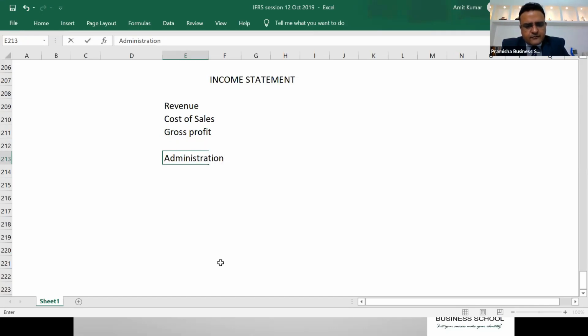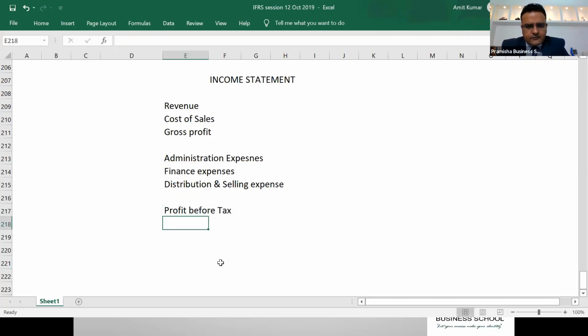Administration, finance, distribution and selling, profit before tax, taxes, and profit for the year. Profit for the year gets added to retained earnings under the head equity.